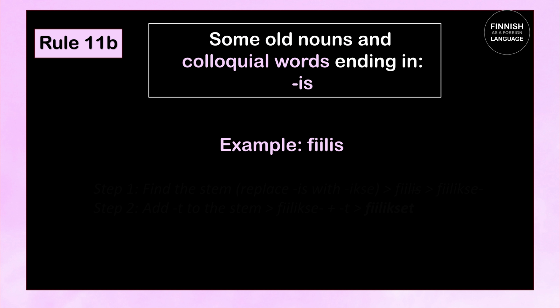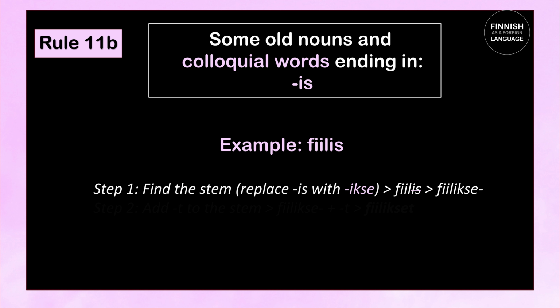Now let's take an example where we have one of the colloquial words ending in is, for example, fiilis, meaning feeling. In the first step we have to find the stem again. Also here we have to replace is with ikse, so that means fiilis changes to fiilikse.